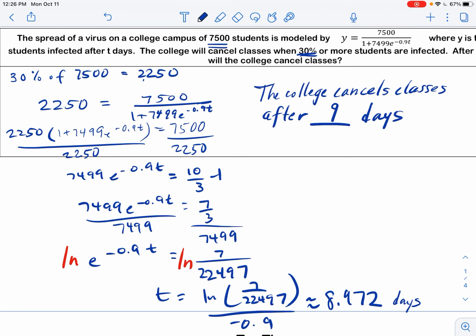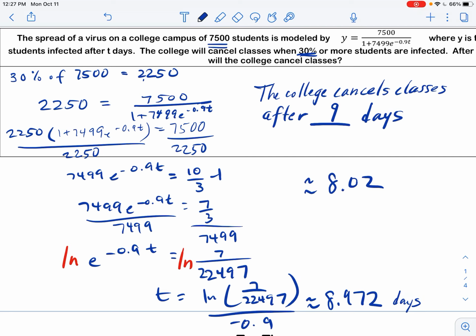Now, we're not rounding up to 9 because it's closer to 9 than it is to 8. In fact, even if our value had been approximately 8.02, something that's barely above 8, we would still say 9 days. And the reason for that is if we round it down to 8 days, ask yourself, have we reached that 30% threshold? And the answer is no. That doesn't occur until after 8 days have passed.